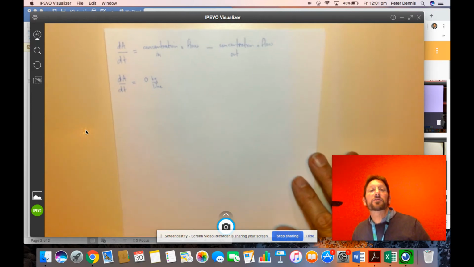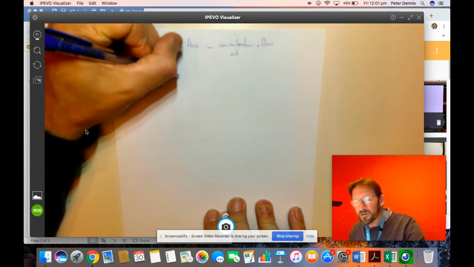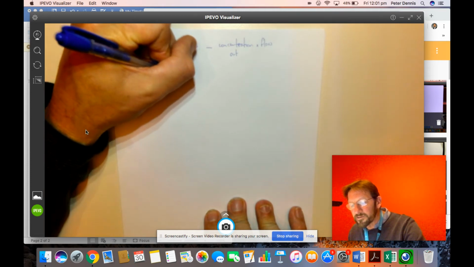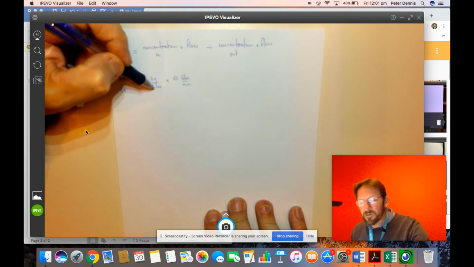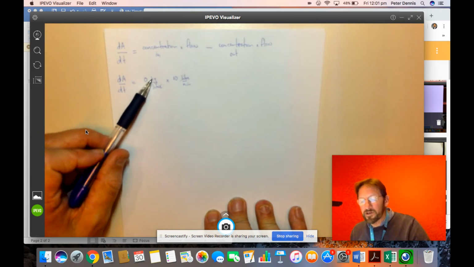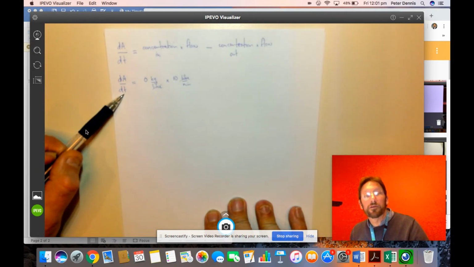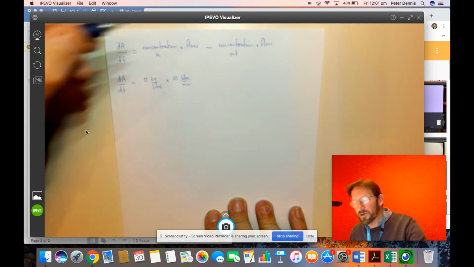So that's the concentration going in, 0 kilograms per litre, times the flow, which is 10 litres per minute. And obviously here we know we've sort of got it right, because the litres cancel out and we've got kilograms per minute, amount per time. So we're sort of on the right track.